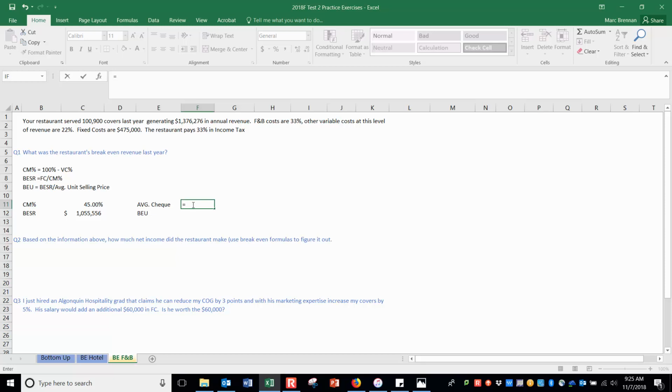So average check last year: I had $1,376,276 in revenue, and I divide that by how many covers I served, which gives us an average check. So we had $13.64 as an average check.